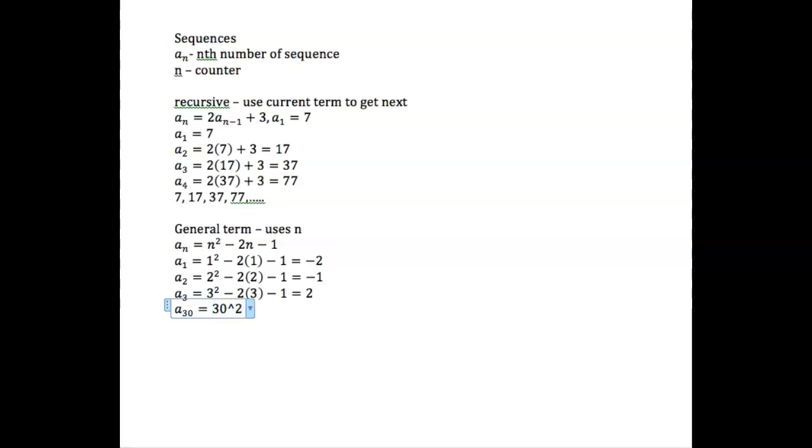It's 30 squared minus 2 times 30 minus 1. And we can do that. Let's see, 900 minus 60 is 840. Minus 1 is 839, not 1839. We can jump right in the middle anywhere we want and find a specific term of the sequence.